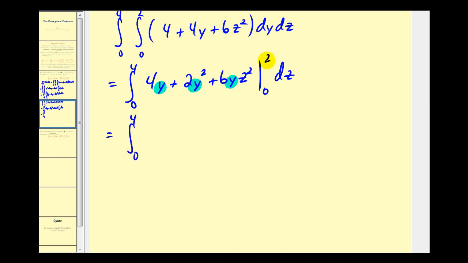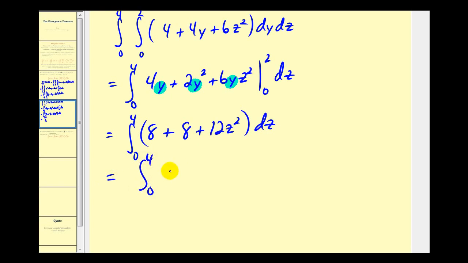So when y is equal to 2, we'll have 8 plus 8 plus 12z squared. That's going to give us 16 plus 12z squared.